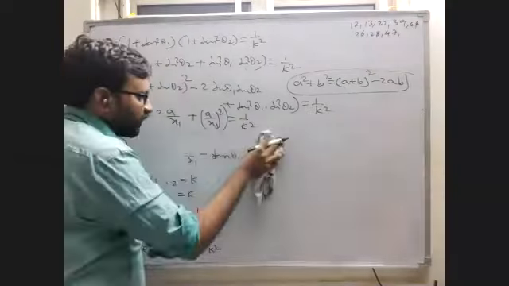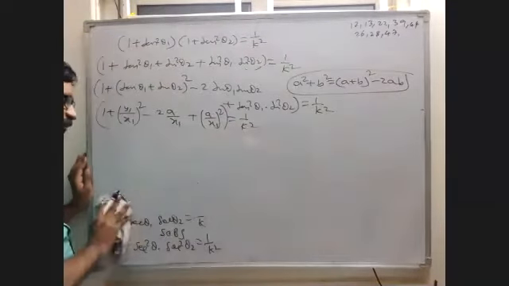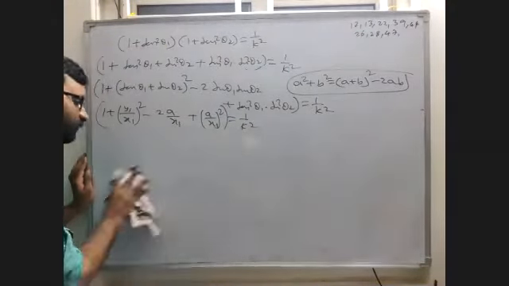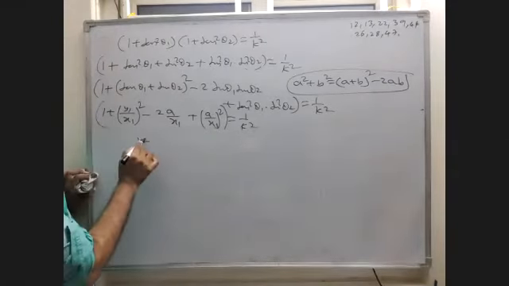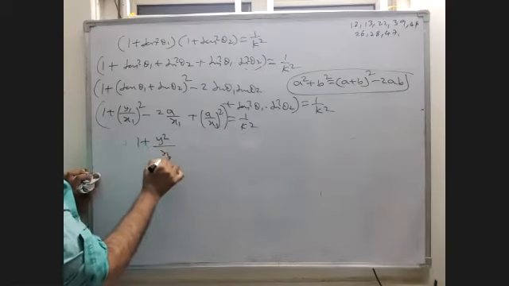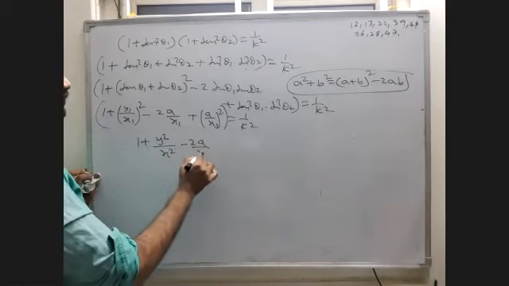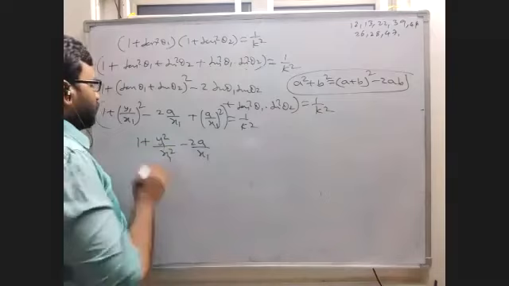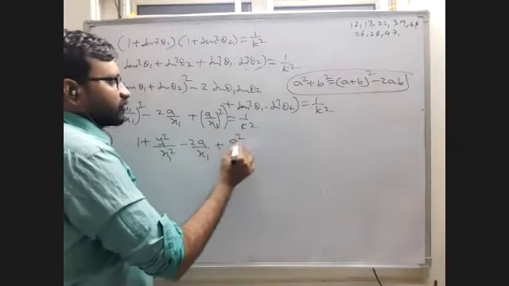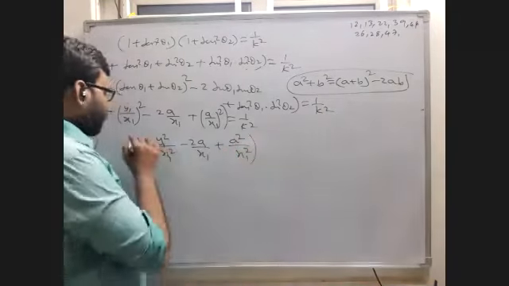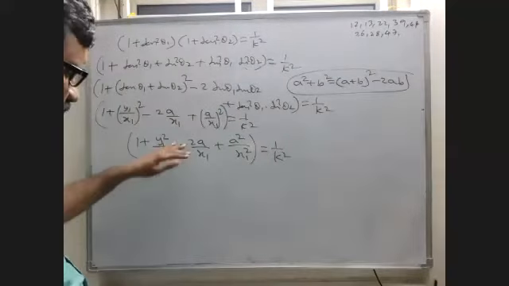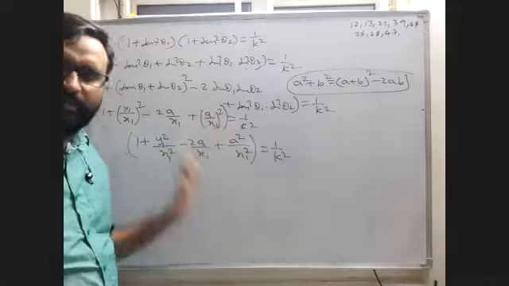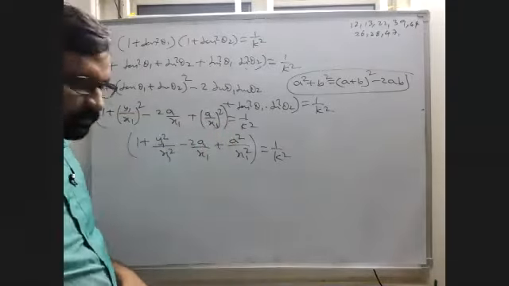So up to here is mostly finished, but we have to get one of the options, right? Now 1 plus y square by x square minus 2a y1 by x1 plus a square by x1 square is equal to 1 by k square. Up to here the solution is finished. Now we should get one of the options.